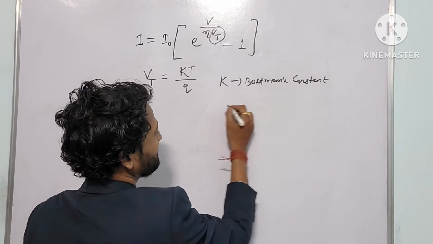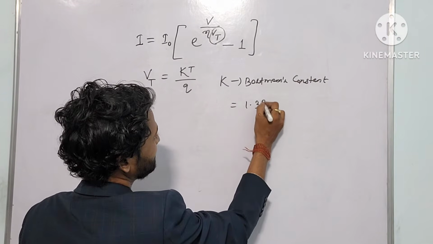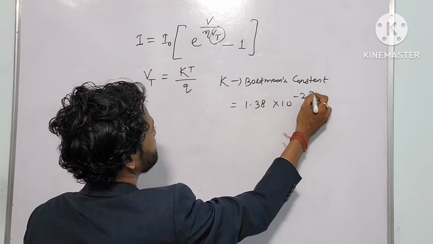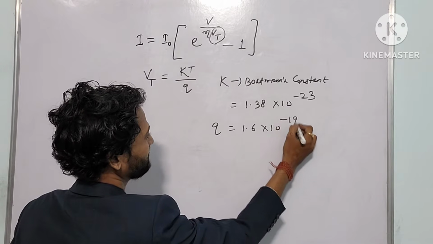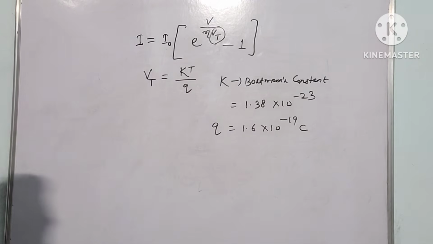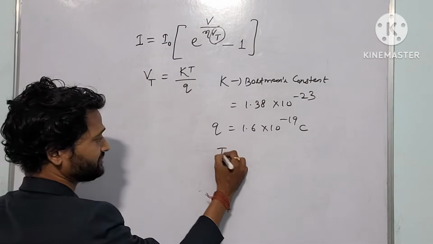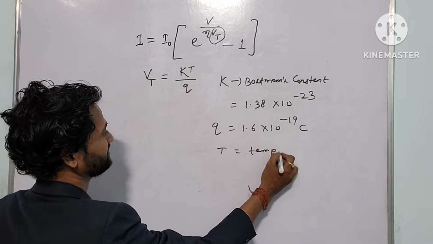What is the value of Boltzmann constant? I think it is 1.38 into 10 to the power minus 23. And you know charge on electron is 1.6 into 10 to the power minus 19 coulomb. Right? T is the temperature.